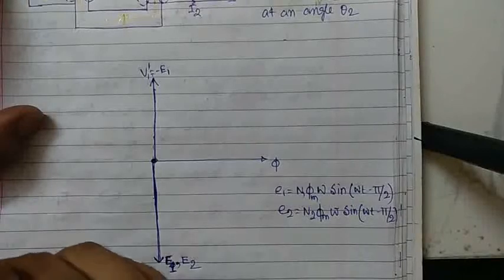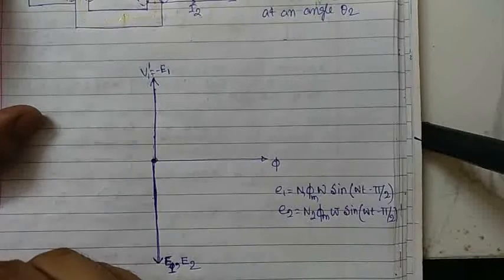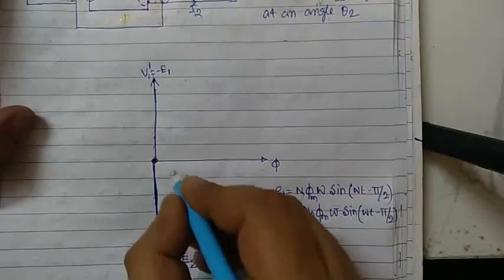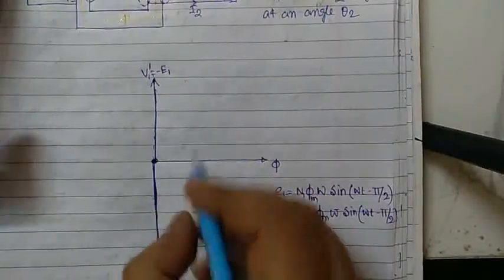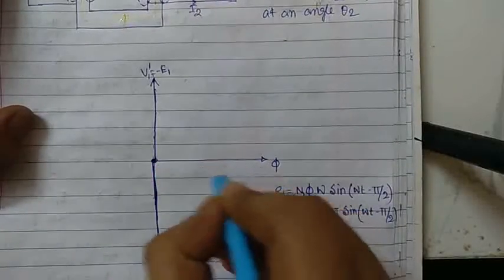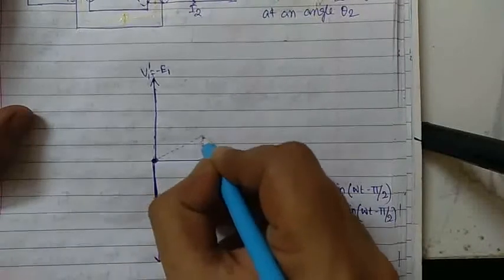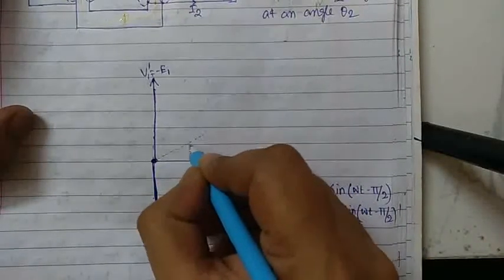Due to hysteresis, the exciting current must lead the flux at an angle, that is the hysteretic angle.